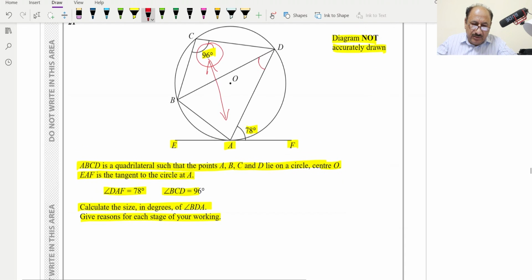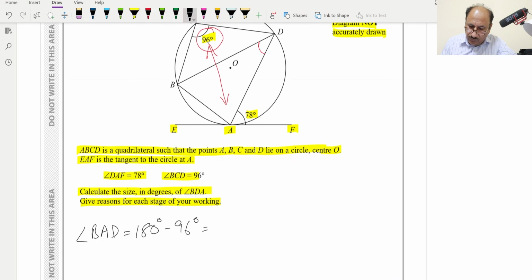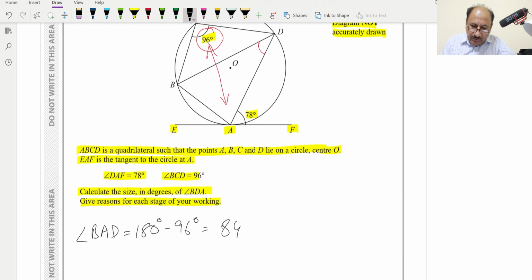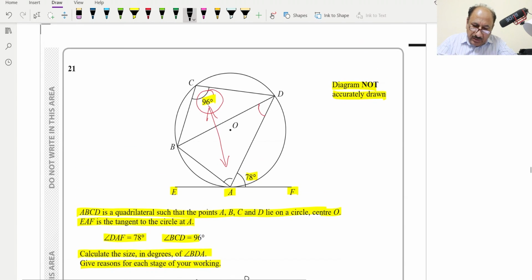We will write angle BAD is equal to 180 degrees minus 96 degrees, and 180 minus 96 is equal to 84 degrees, and we will mention here 84 degrees.